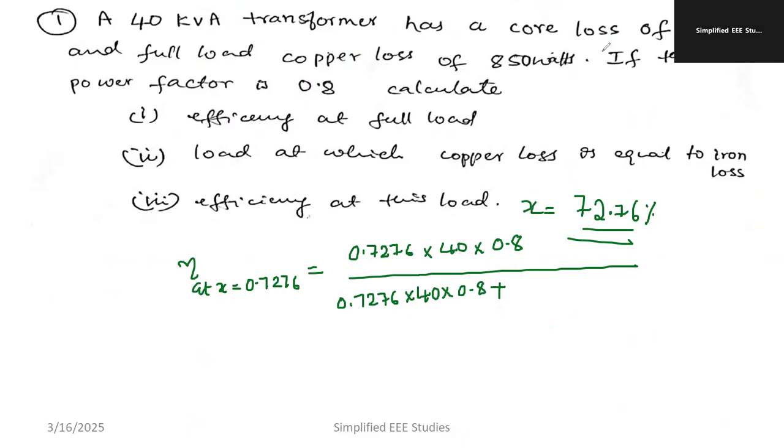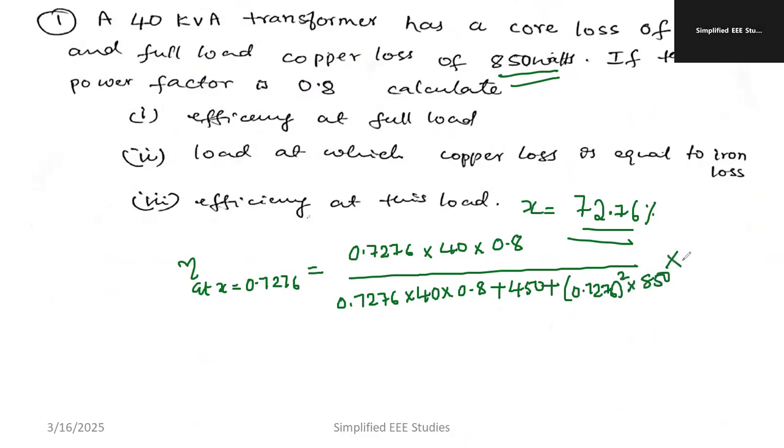Iron loss is nothing but 450 watts. Iron loss and copper loss are the same, don't get confused. Copper loss is 850 watts, that means X square into 850 watts, where X equals 0.7276, the whole square, into 850 watts.